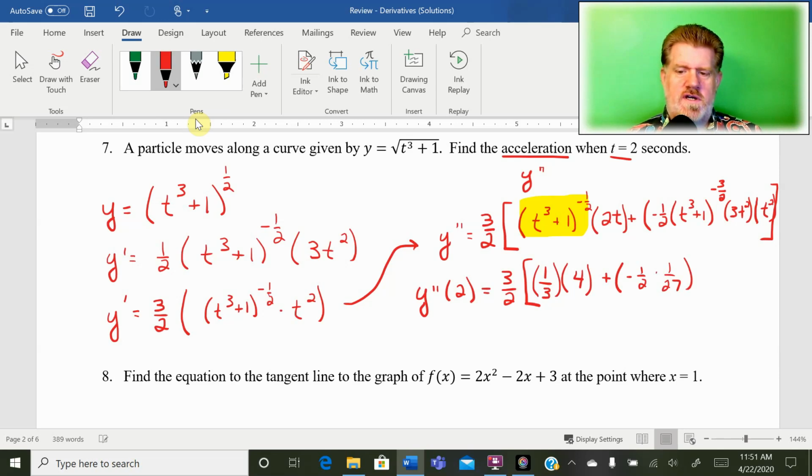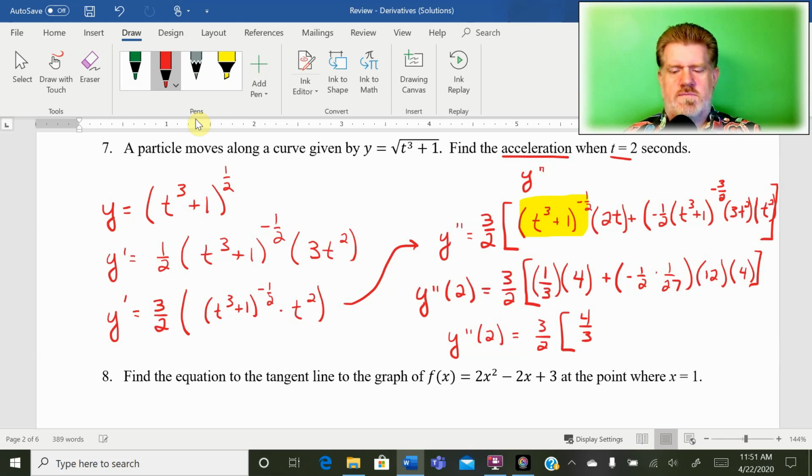All right, 3t squared. So I'm going to put in t is 2. 2 squared is 4. 4 times 3 is 12. And lastly, t squared, which is 4. So this monstrosity is our answer. I don't know why I'm not using a calculator. I guess I enjoy pain. I'm sure you guys have already jumped to your calculator, which is fine. 12 times 4 is 48.